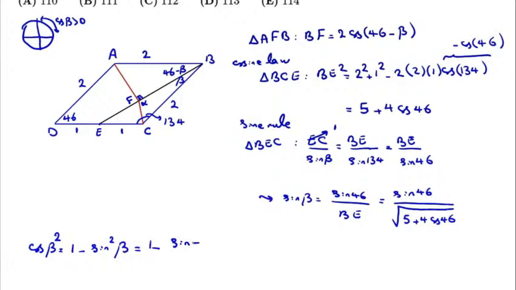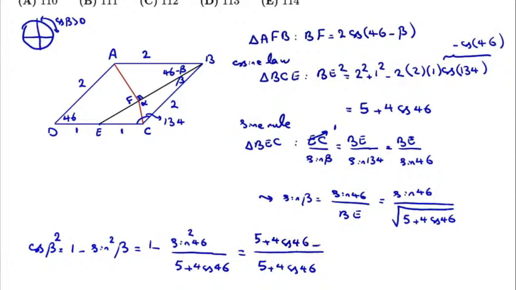It will be 1 minus sine 46 squared over 5 plus 4 cos 46. And if we use a common denominator, it will be 5 plus 4 times cos 46 minus sine squared 46.